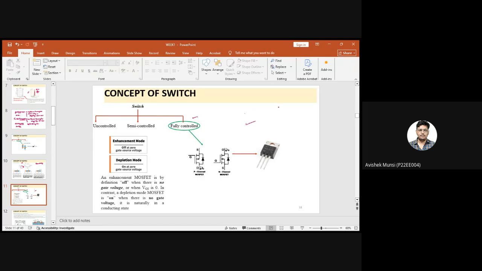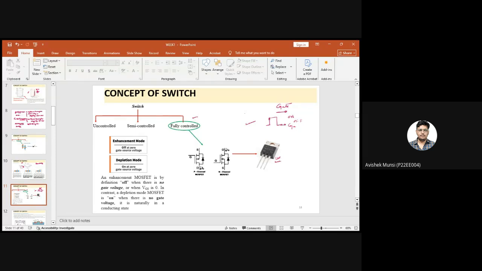In MOSFET, IGBT, this kind of switch, there is a gate, and in the gate we have to give PWM signals, like a pulse width modulated signal. Whenever it is on, then it is on. Whenever it is off, it will be off. By giving it to the gate, we can control the switch. So that's why both on and off are controlled. So this is called a fully controlled switch.